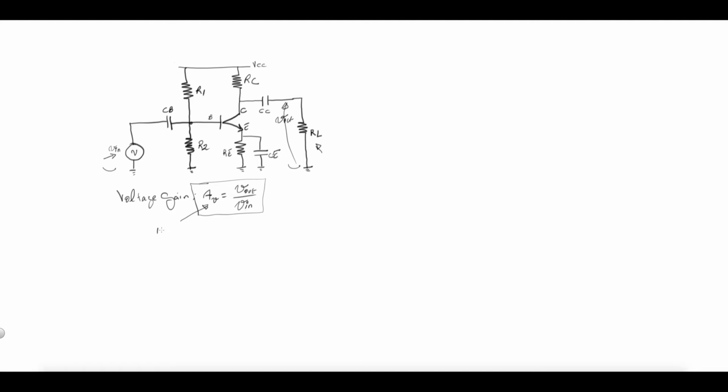So we're going to use the pi model that we've seen in a previous video. So let's draw the equivalent circuit with the pi model in place. So in AC, we're going to have a circuit with Vin right here. So we'll start from here, vis-a-vis some reference.